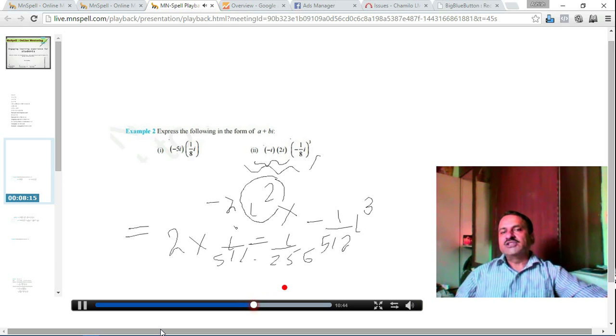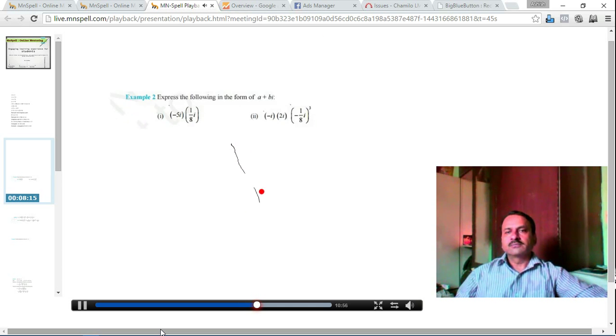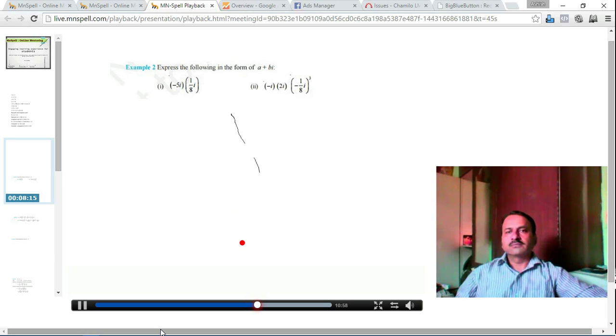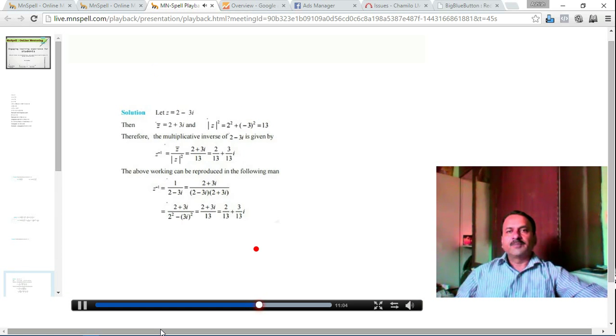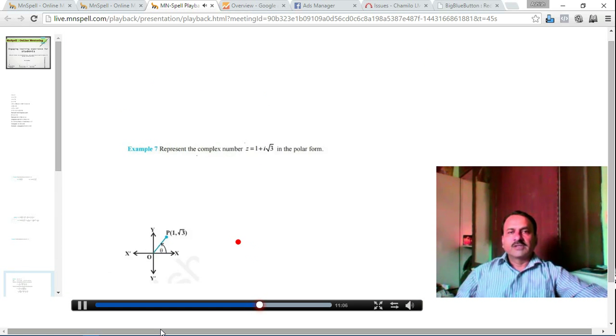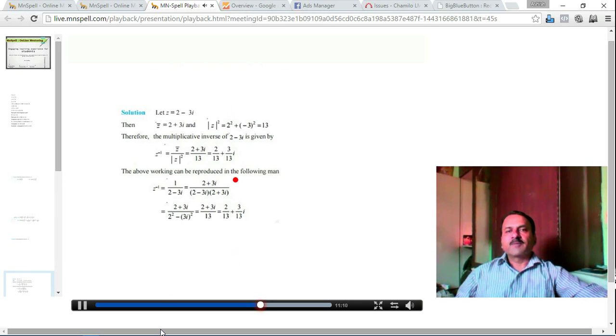Now I show you the solution written in the book. You can see it here. You can see the solution, but I have told you the solution.